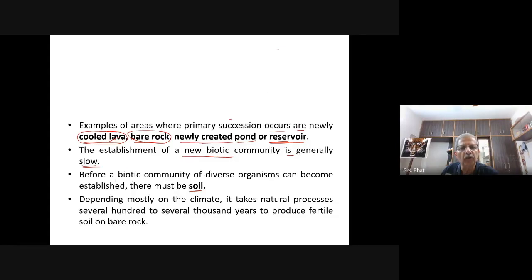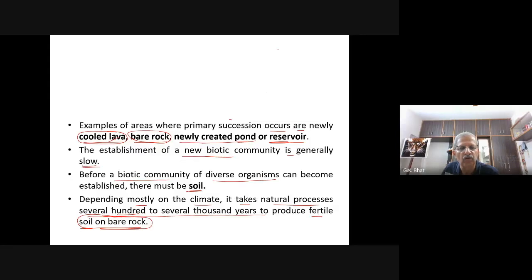Depending mostly on the climate, it takes natural processes several hundred to several thousands of years or millions of years to produce fertile soil on bare rock. You can't expect fertile soil to be formed within just 10 or 20 years.